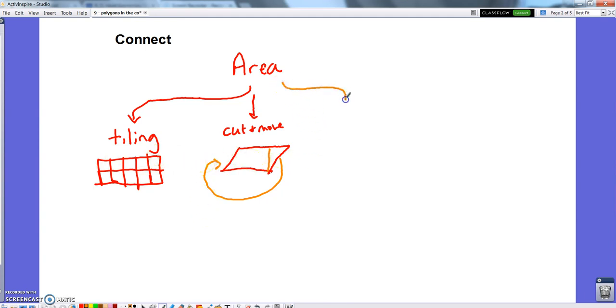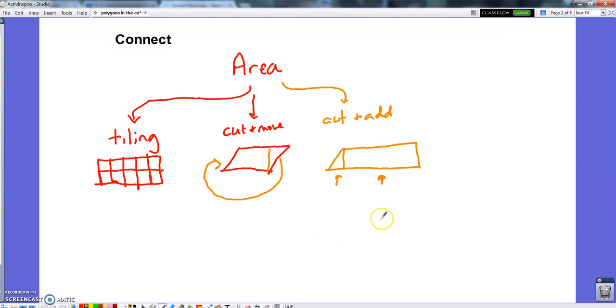There were also ones where we just cut and add. A lot of times with trapezoids we would do that. And say with that, I could cut that into two figures and find that area and find that area and add them together.